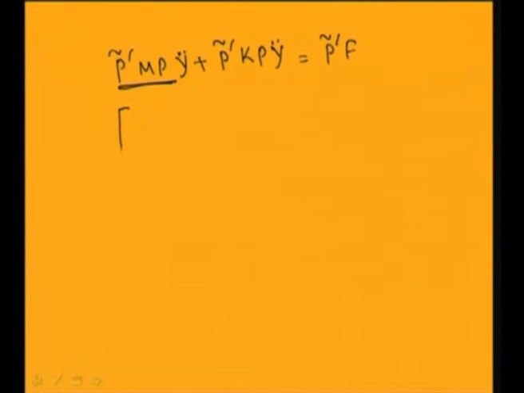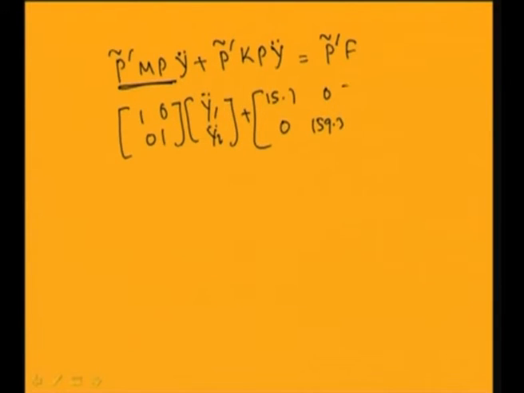So this becomes [1 0; 0 1] into y1 double dot, y2 double dot, plus [lambda 1 = 15.7, 0; 0, 159.3] into y1, y2, equal to P weighted transpose into F. So if I multiply this, this becomes minus 0.9671 sin omega t.